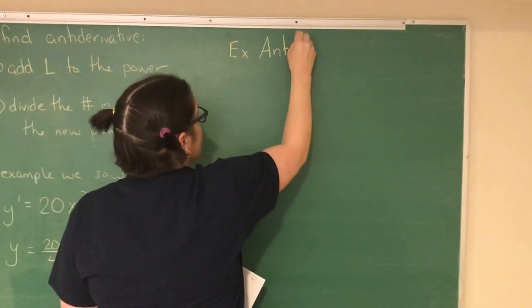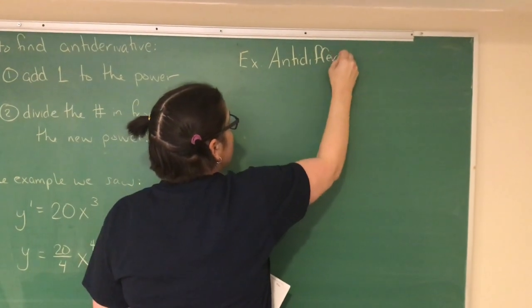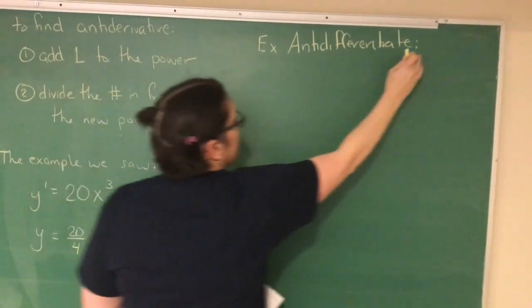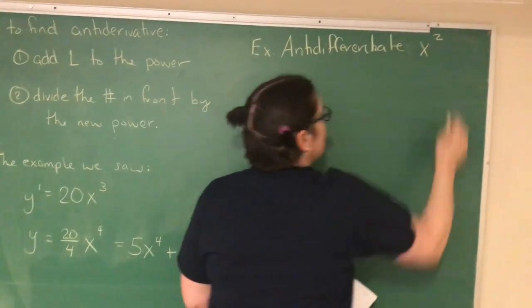So our instructions are to anti-differentiate. And our job is to anti-differentiate x squared.